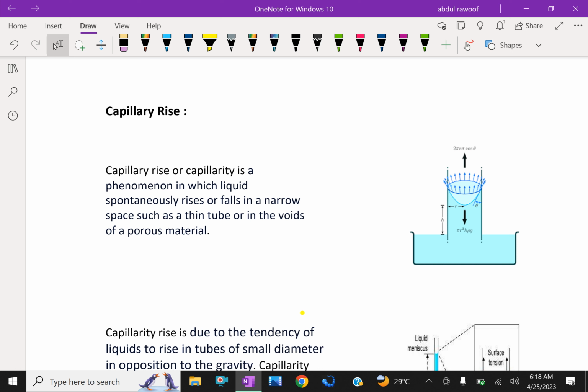This is given by P1 minus P0 equals 2S by R. Therefore, the pressure difference is 2S cos theta by a. This is the capillary rise.